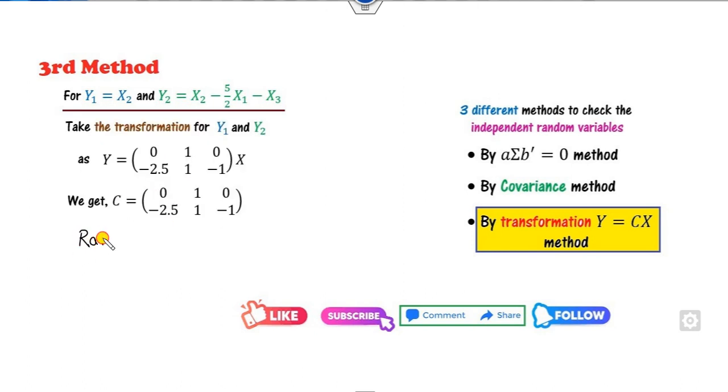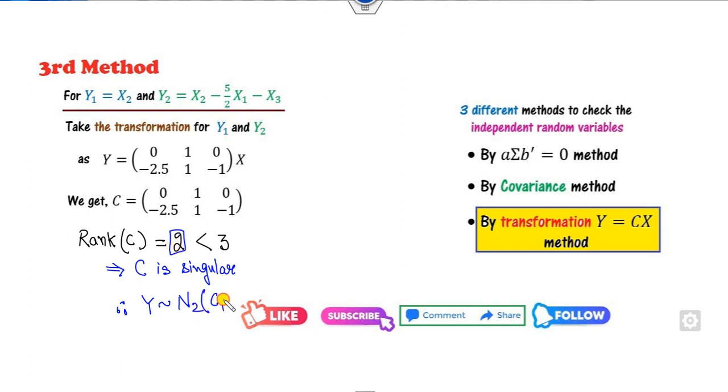Clearly the rank of this matrix is 2, which is less than the number of column vectors. That means C is singular. Therefore, y will be a multivariate normal distribution having the dimension equal to the rank of this matrix, that comes to be the dimension of C sigma C transpose.